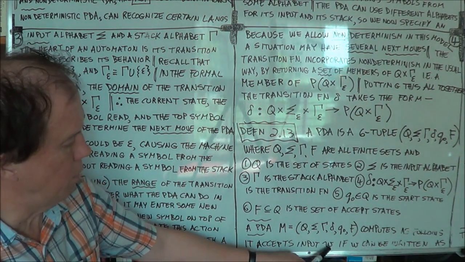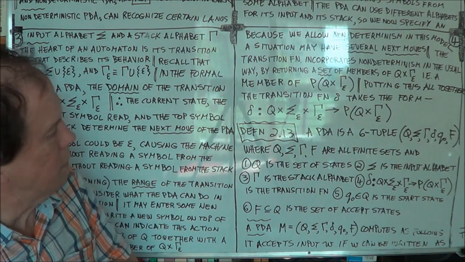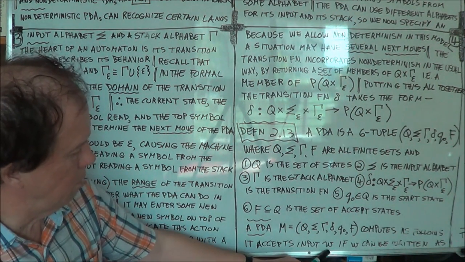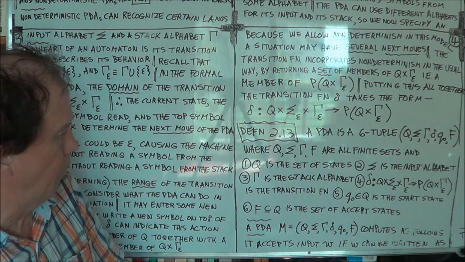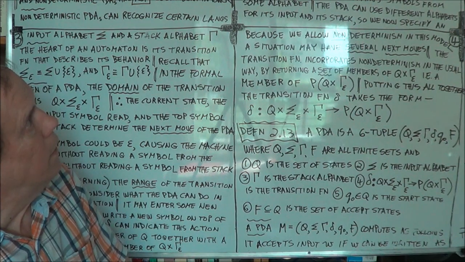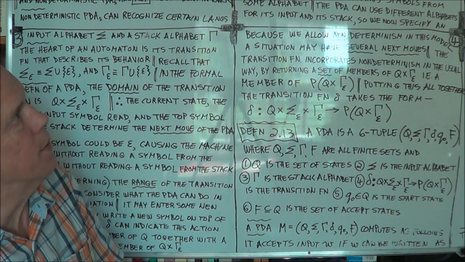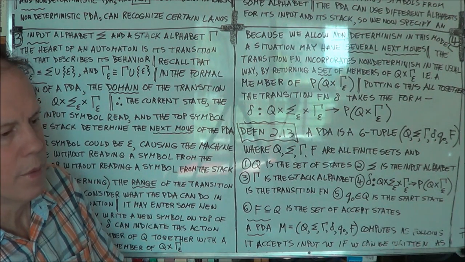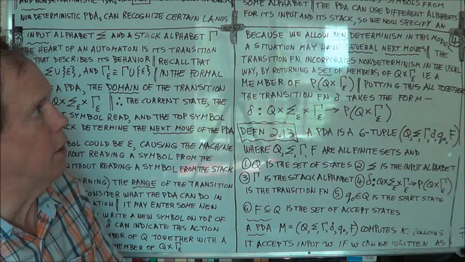So this w could be just epsilon, just the empty string. And so w in general will be w1, w2, dot dot dot wm. So in other words, just a string of symbols from your input alphabet.